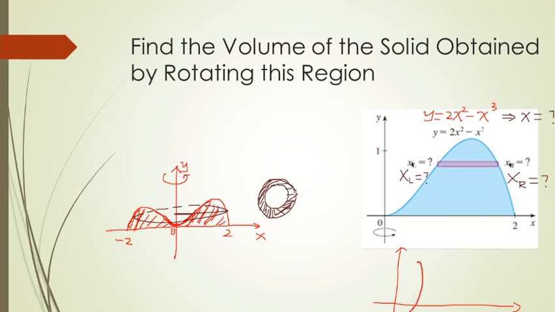For example, if we have the region between two curves, this one we call the left curve, xL, and the right function curve, xR.